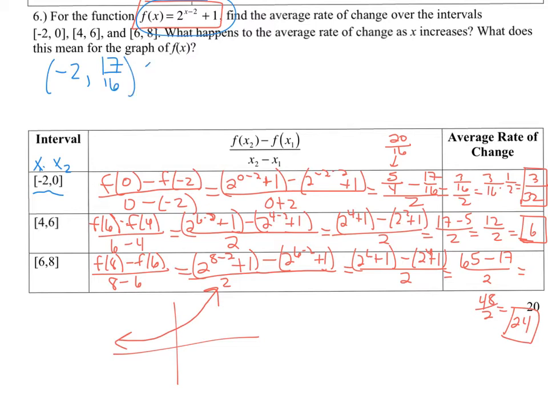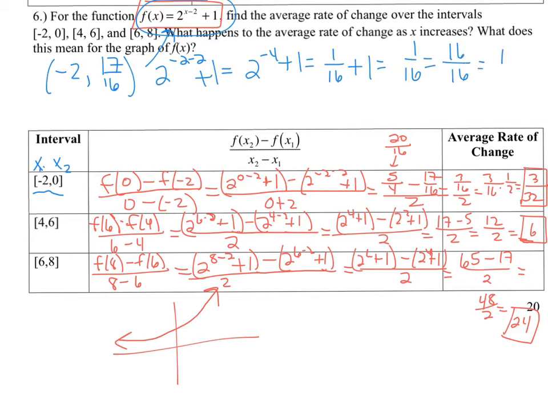And I got this from this formula. When I plugged in -2, I had 2 to the -4th plus 1, which is 1/16 plus 1, and 1 is 16/16. So I got 17/16.